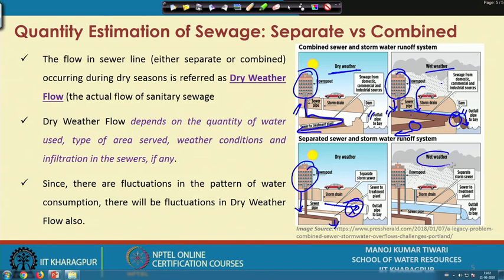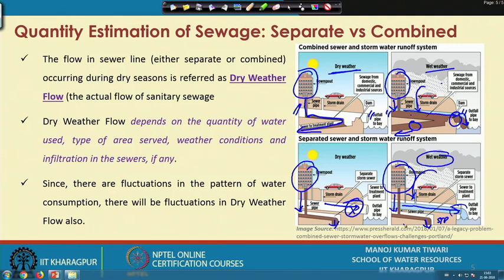In wet weather flow, your sewerage system will work as before, taking the wastewater generated to the sewage treatment plant or STP, while the rainwater or storm water flows through the storm water channel, which can be directly disposed of because of the very little pollution load in it.